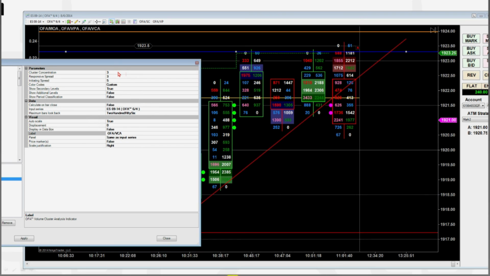I show secondary levels. I don't show additional levels or period classification. And you'll get this template today, so you'll have that. Yeah, another course on scalping could be beneficial, but you can use this to scalp too.